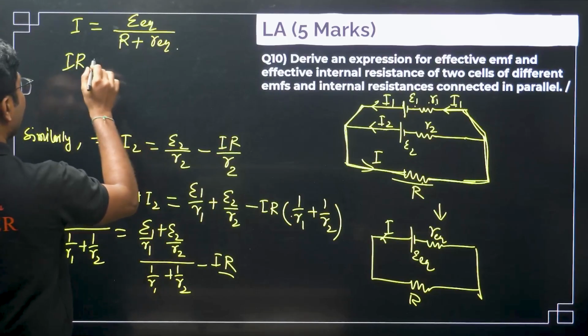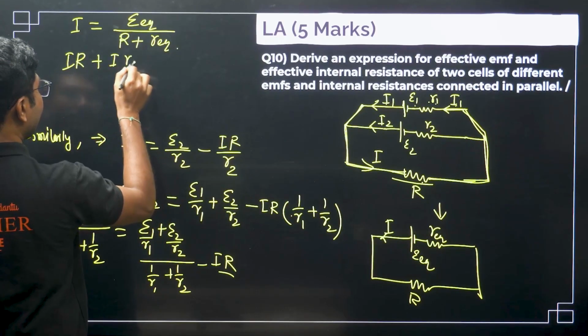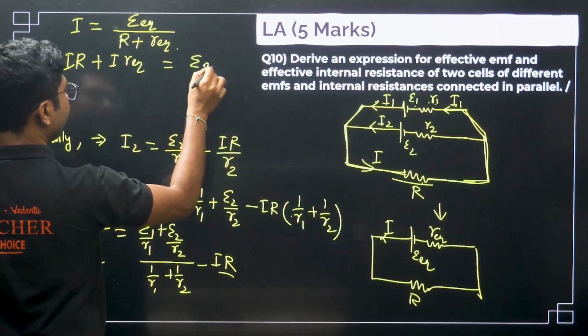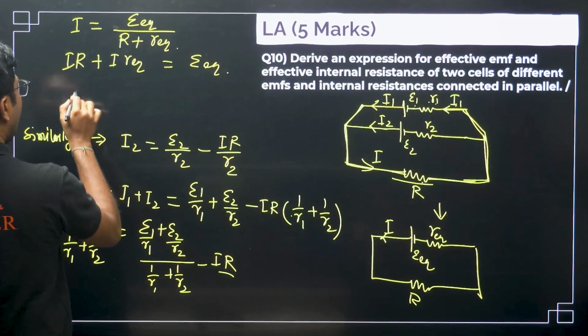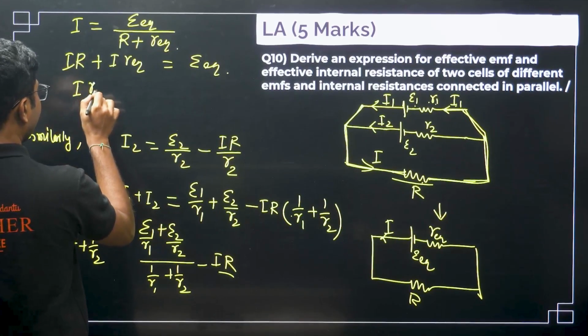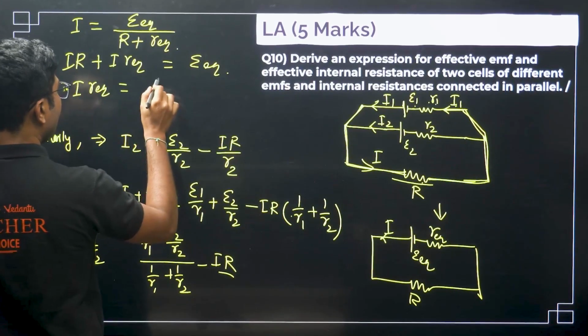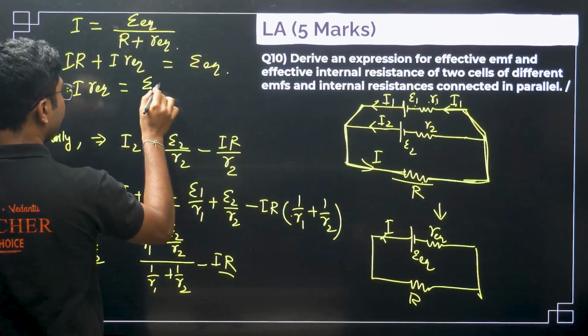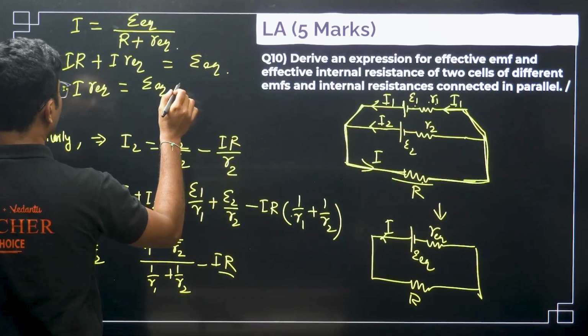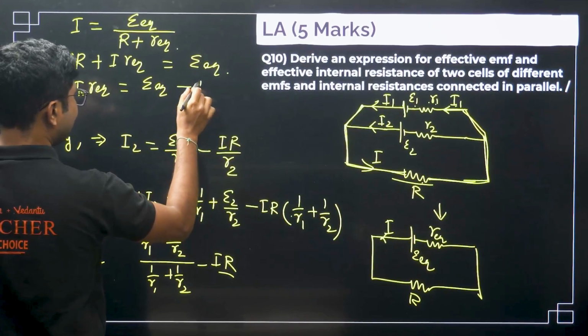So IR plus I into R equivalent equals epsilon equivalent, or I R equivalent equals epsilon equivalent minus IR.